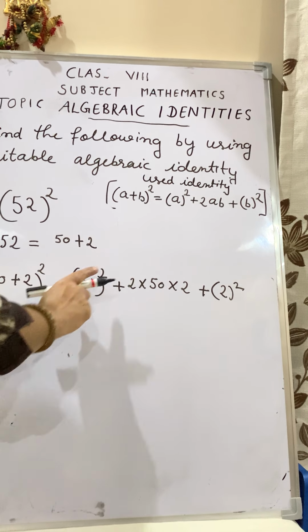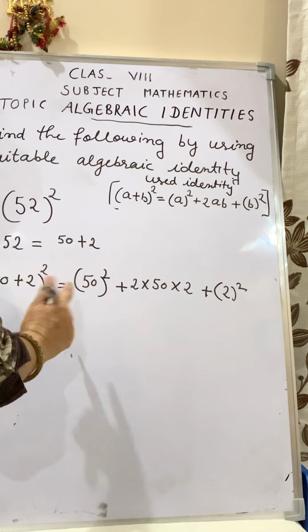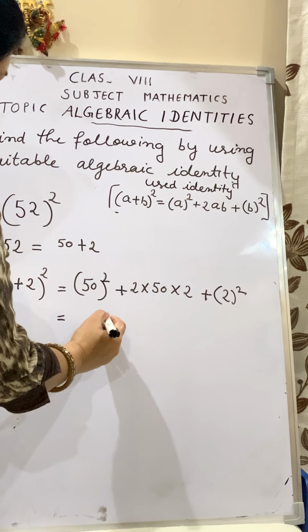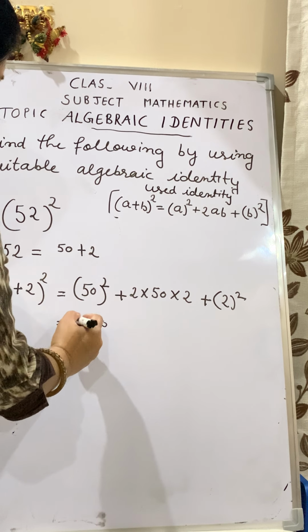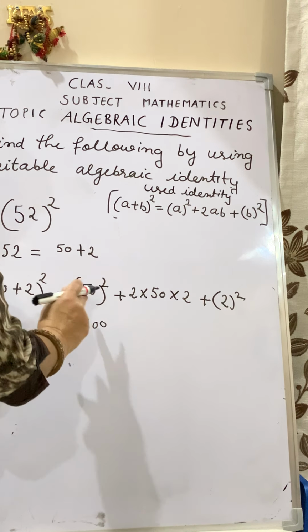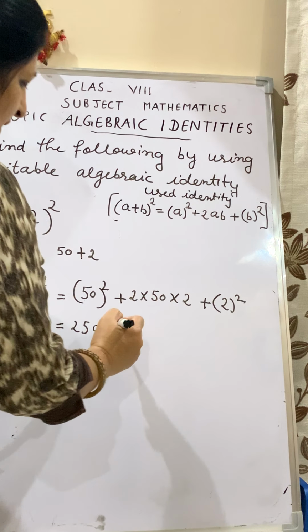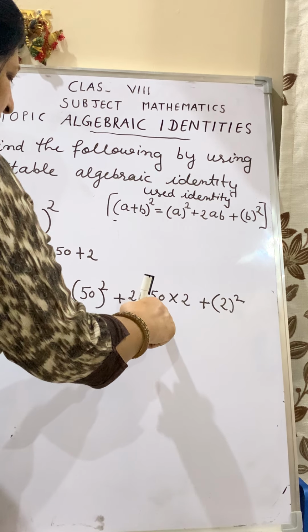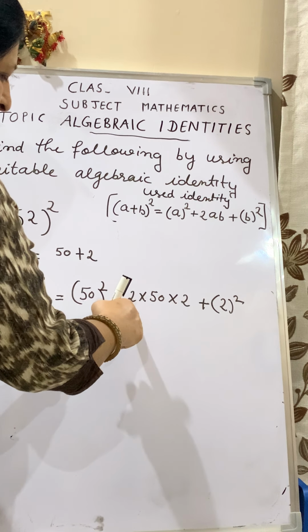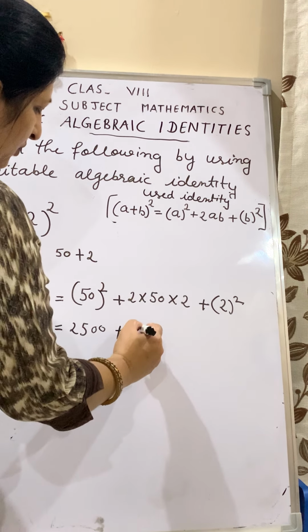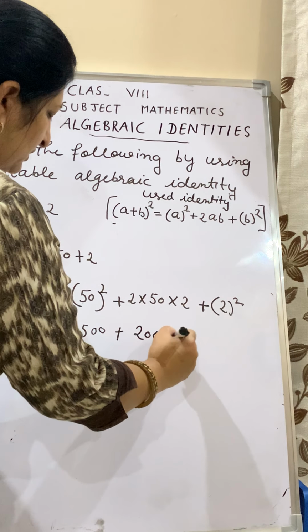What is 50 whole square? It means 50 multiplied by 50. We write 2 zeros and 5 square is 25. So 50 square is 2500, plus 2 multiplied by 50 is 100, 100 multiplied by 2 is 200, plus 4.